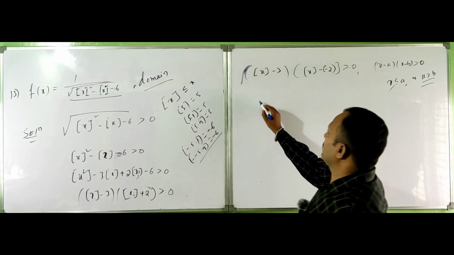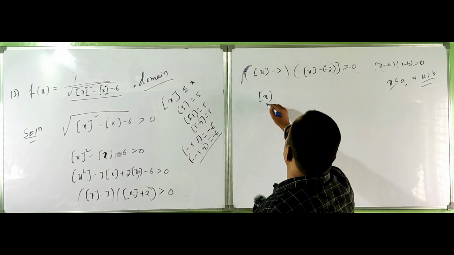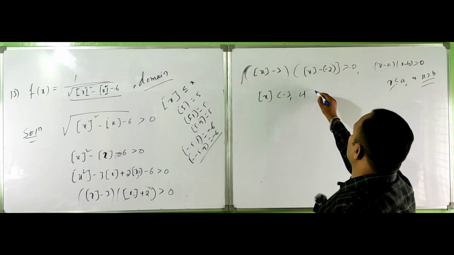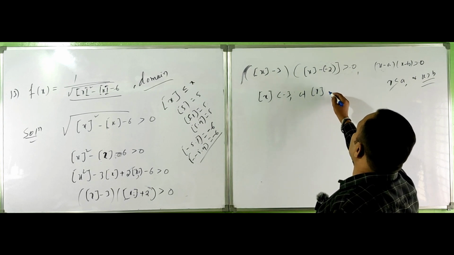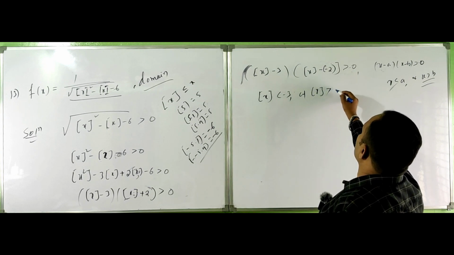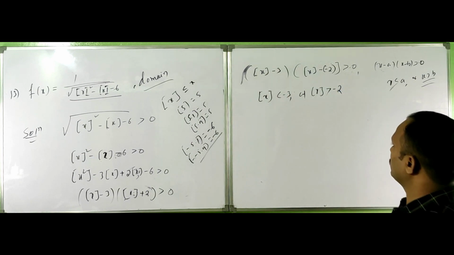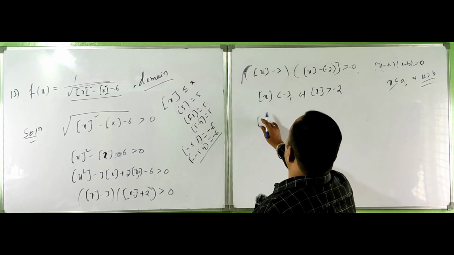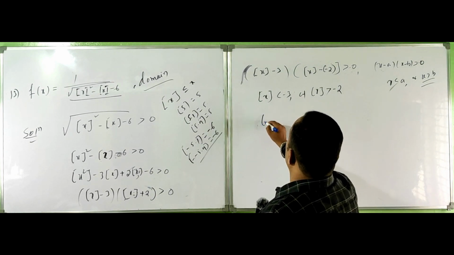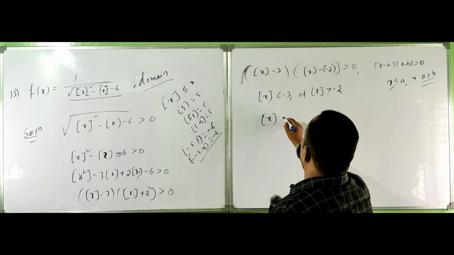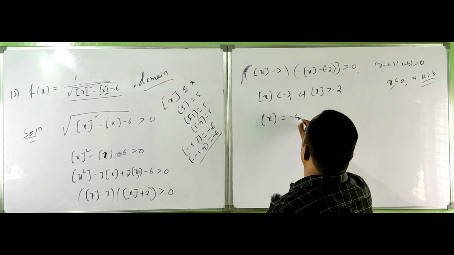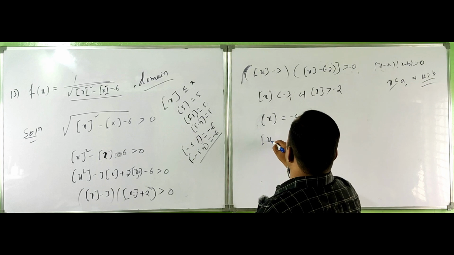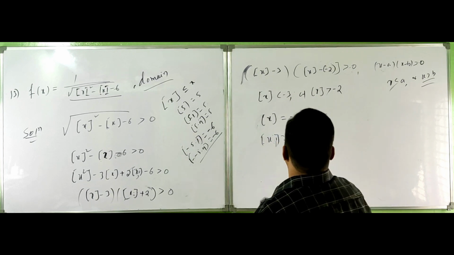Right? Means mod of x is less than minus 3, or the integer function of x is greater than or equal to minus 2. Less than minus 3 means minus 4, minus 5 to infinite, and this becomes this one, right?